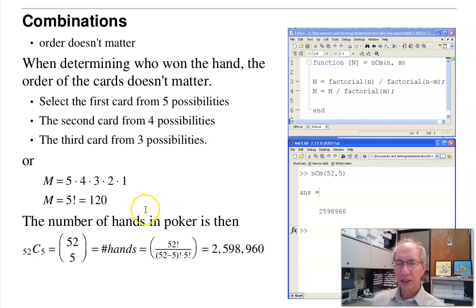So if I take the permutations divided by 5 factorial, I get combinations. Another way to write it is 52 choose 5. That's the number of hands of poker when order doesn't matter. That works out to 2.5 million hands. And notice that's exactly the same number we got with enumeration. When I ran through every possible hand, that's the same number I got: 2,598,960. But I calculated it.